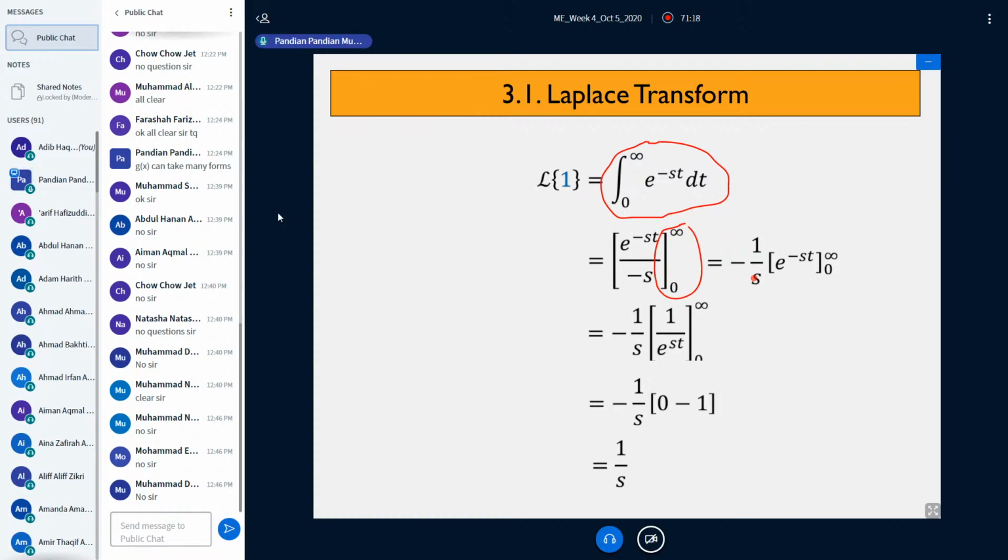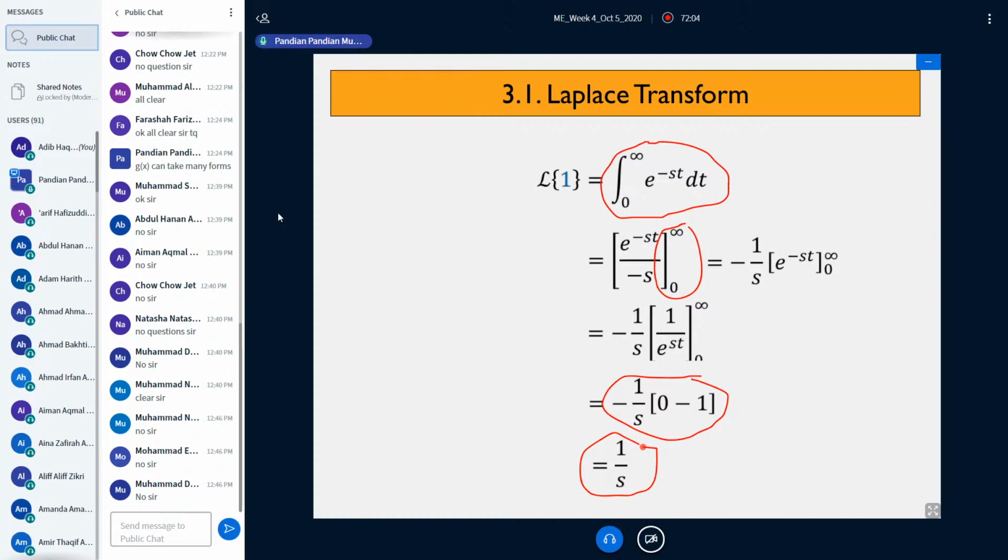So you take out minus 1 over s, the integral of e power minus st from 0 to infinity. Minus 1 over s outside. This e power minus st, better you write as 1 over e power st, easy to understand when you put in the limit. s is constant, yeah? When t is infinity, e power infinity is infinity, and 1 over infinity is 0. Minus e power 0; e power 0 is 1, and 1 over 1 is 1. So you simplify this: minus 1 over s, times 0 minus 1. The answer is 1 over s.